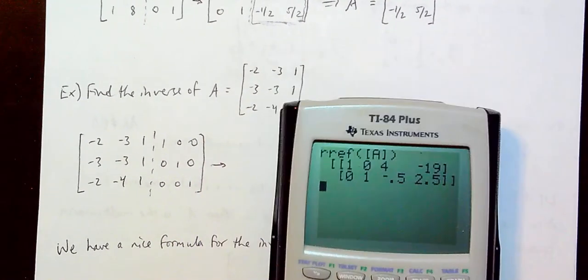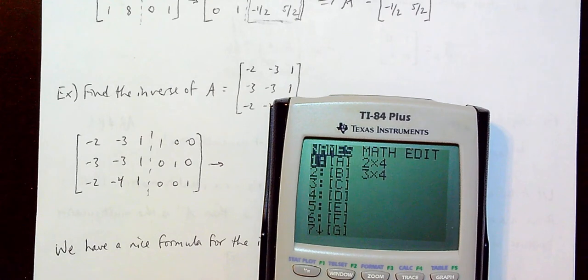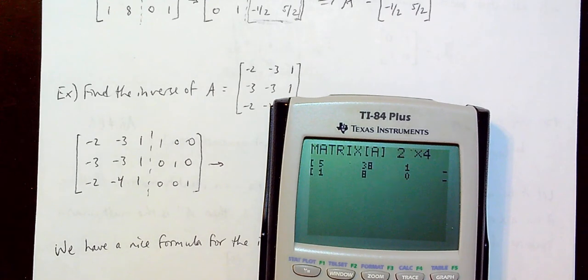We're going to plug this into our calculator. We have to edit this now and make it a 3 by 6 matrix. So -2, -3, 1, 1, 0, 0. -3, -3, 1, 0, 1, 0. And then -2, -4, 1, 0, 0, 1.